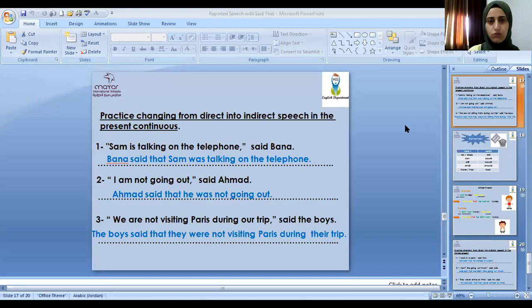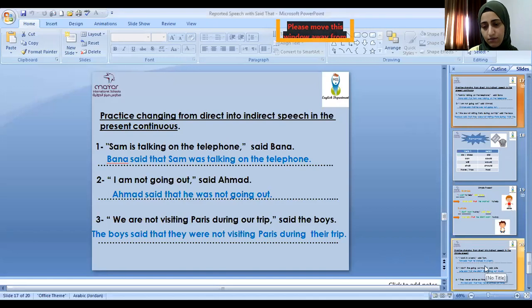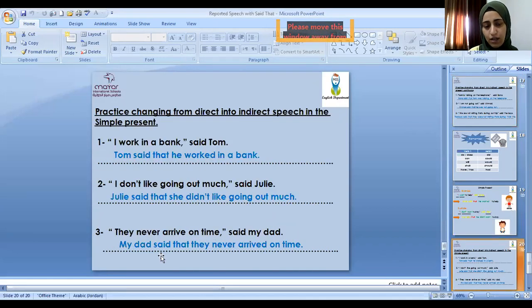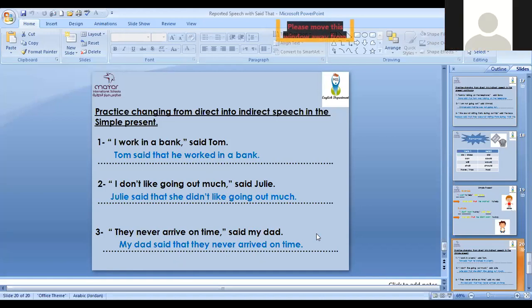You are supposed to change it into verb 2. We can use never in the past tense. My dad said that they never arrived on time. It's just like when you say they didn't arrive. Oh, okay. Now I understand.